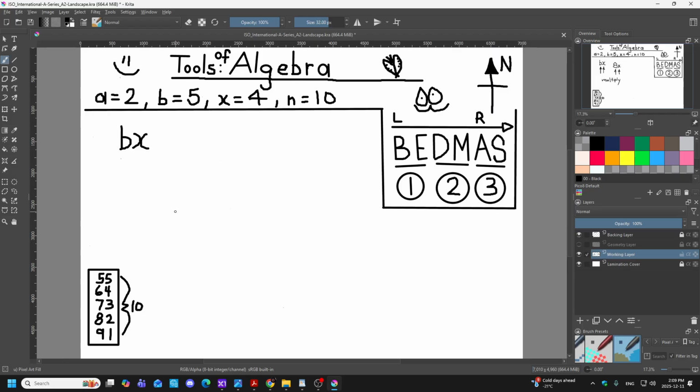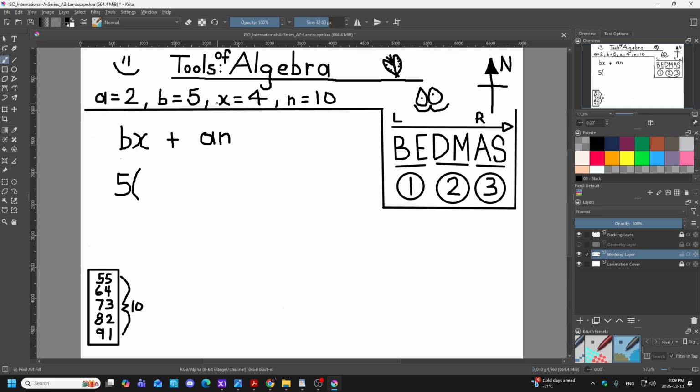Let us continue. B times X plus A times N. Same thing. Now we substitute. B is 5. I'm going to use parentheses for my multiplication.